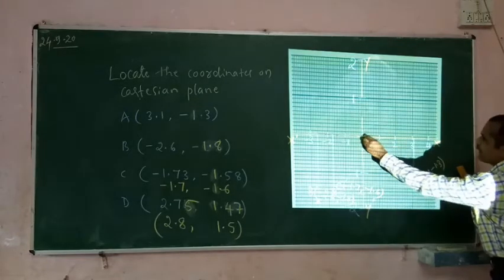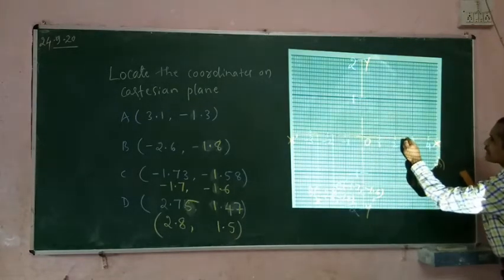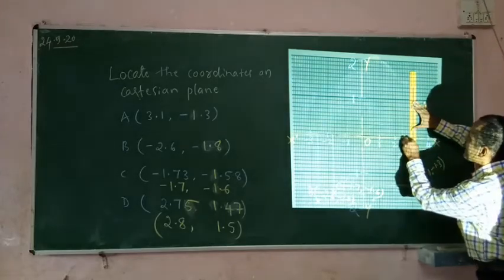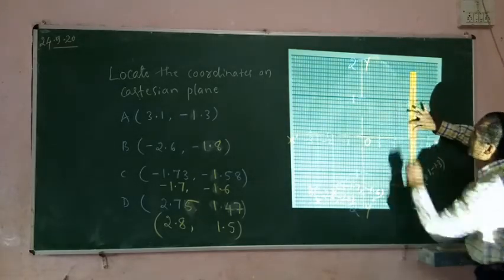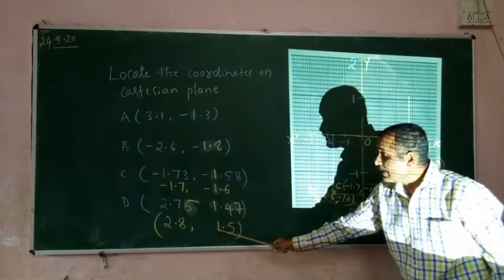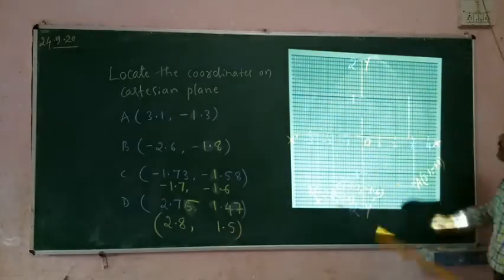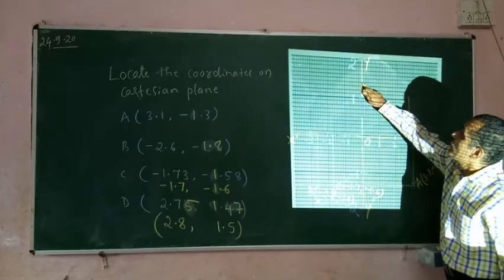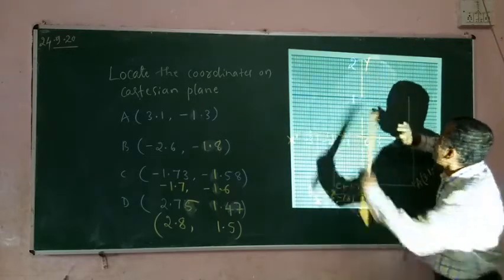2.8 on the x-axis. 2.8 here. It is on the x-axis. From here I can draw a line. But up to where? It is y-axis 1.5. 1.1, 1.2, 1.3, 1.4, 1.5.